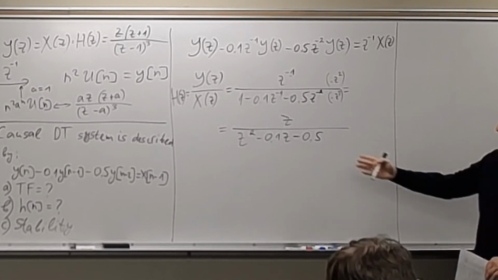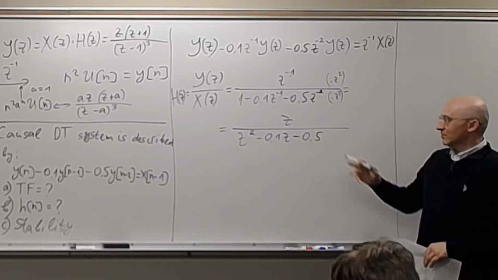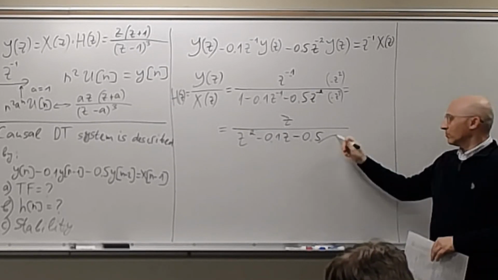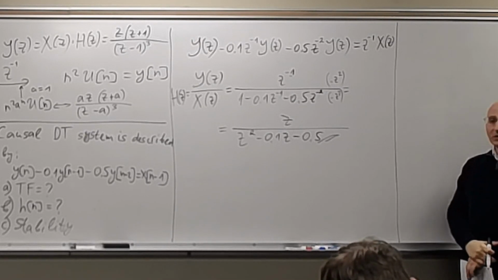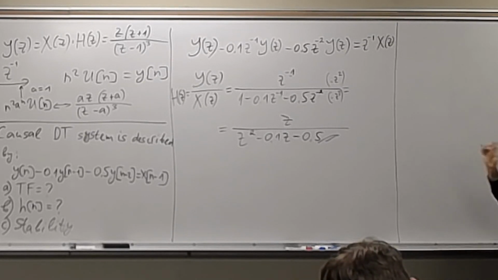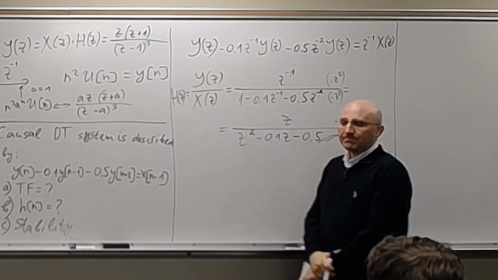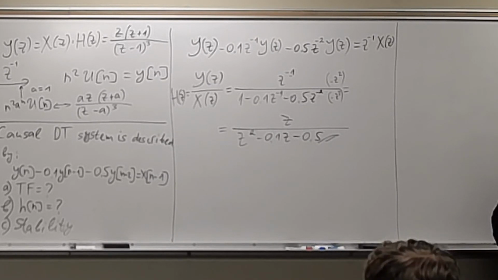So pay attention that the free coefficient basically was here, the last one, minus 0.5. This is the transfer function. Now, what should you do to get from the transfer function to h of n? What is the relation between transfer function and unit pulse response?